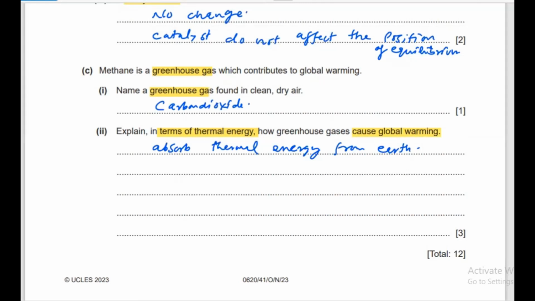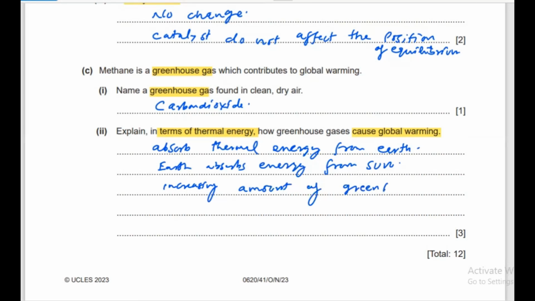So this energy comes from the Sun. So Earth absorbs energy from the Sun, and the increasing amount of greenhouse gases increases the global temperature, or causes global warming.